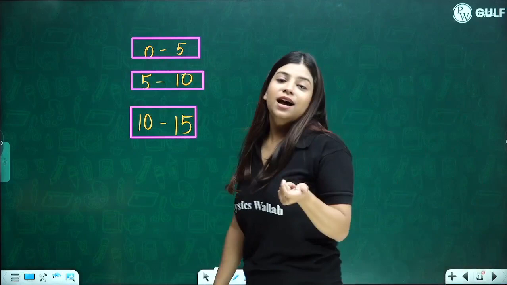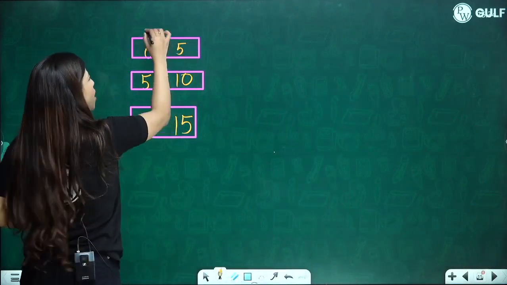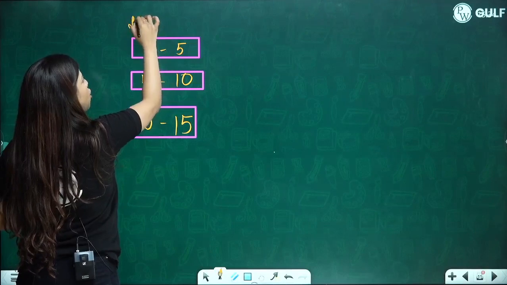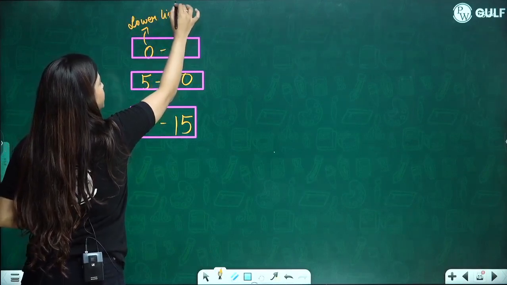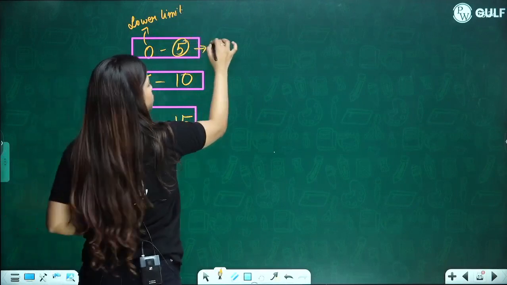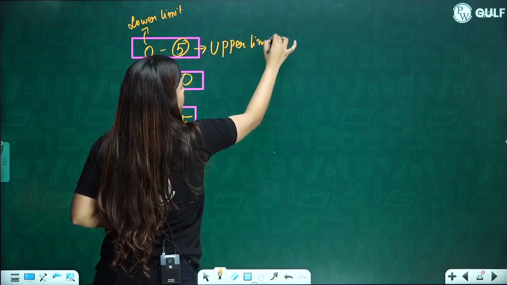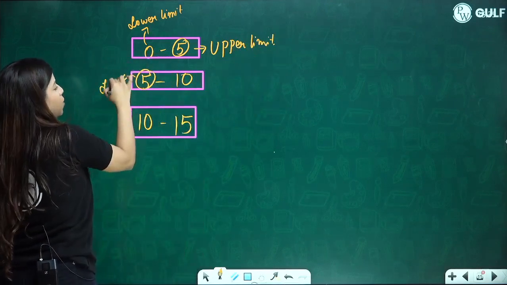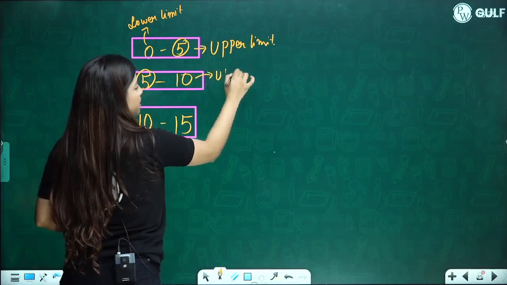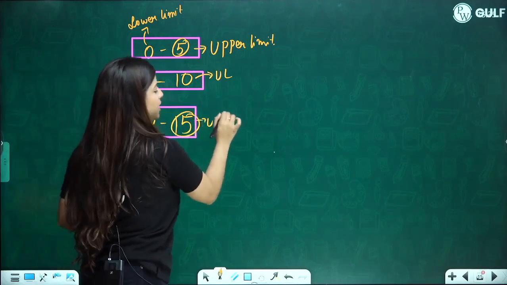Now in this class interval, this smaller value is known as the lower limit, and this bigger value over here is known as the upper limit. Now over here 5 is the lower limit and 10 is the upper limit. Over here 10 is the lower limit, 15 is the upper limit.